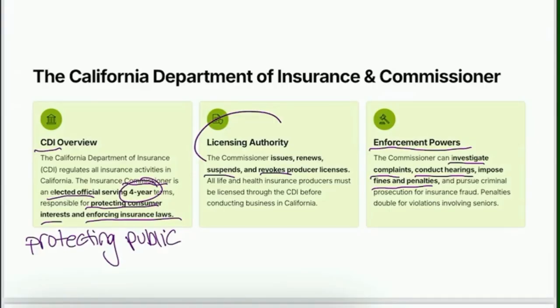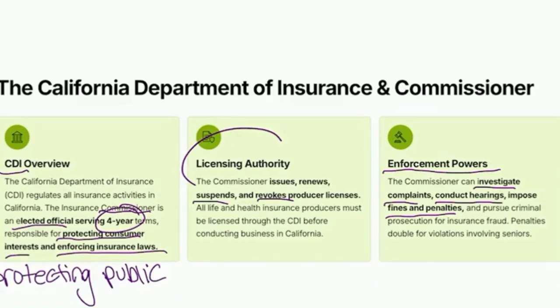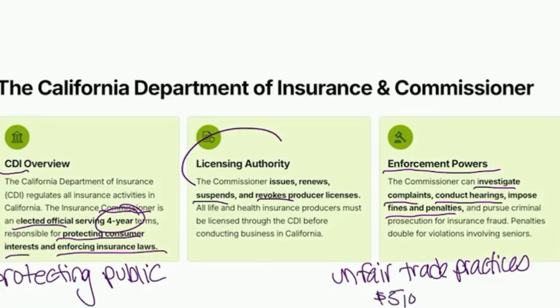But from our recap, the unfair trade practice fines and penalties, or prohibited trade practice fines and penalties, is $5,000 per non-willful act.